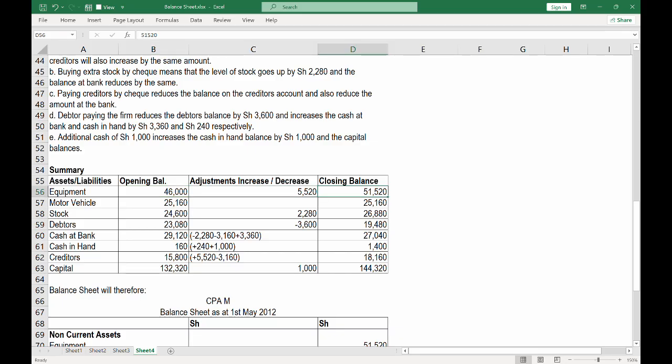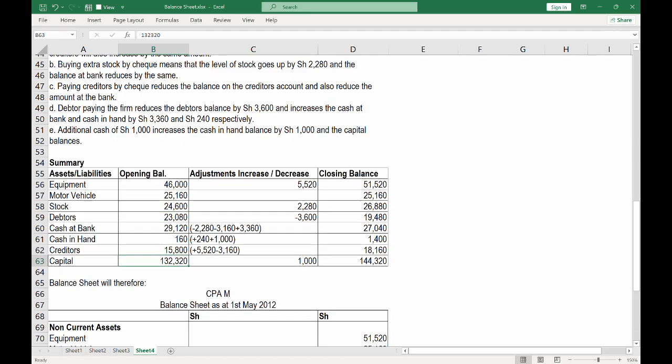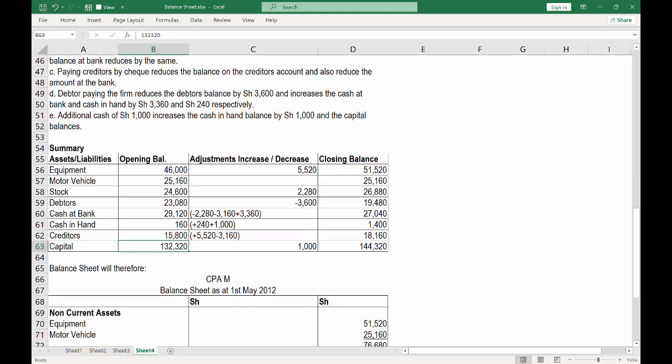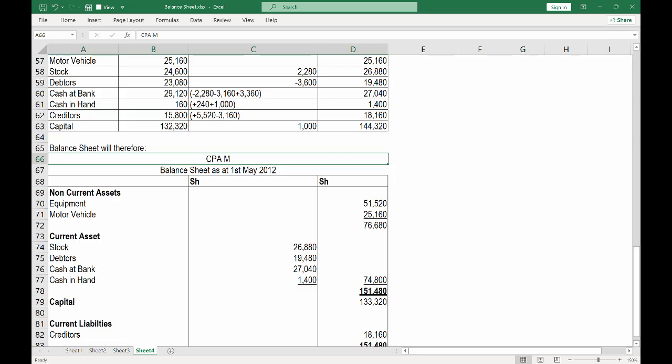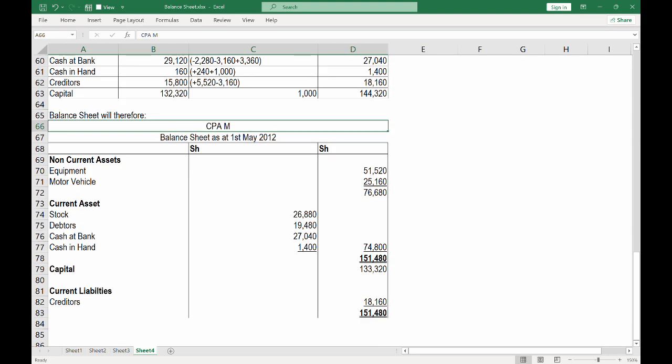So for the equipment, the opening balance of 46 increased by 5,520, it will be as such. So we have motor vehicle the same, the stock, the debtors, cash at bank, cash in hand, creditors, and capital. So these are the adjustments and their closing balances.